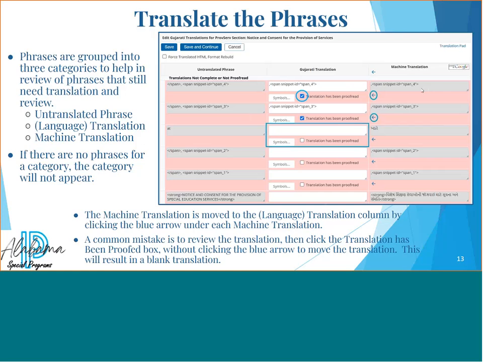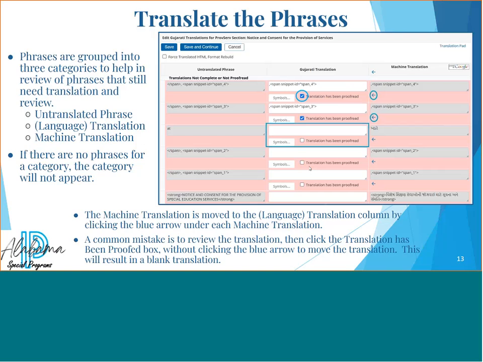Okay, but you can move all of these translations all the way down in one click right here. But when you click this one blue arrow, it doesn't click "this translation has been proofread." Now, if you do not click this button, "translation has been proofread," it will not stick.